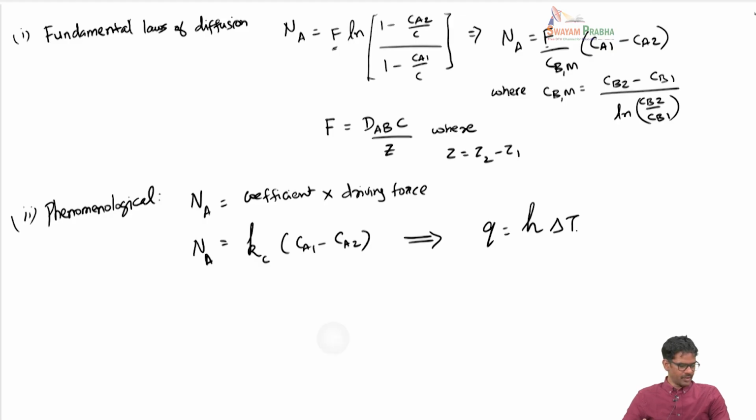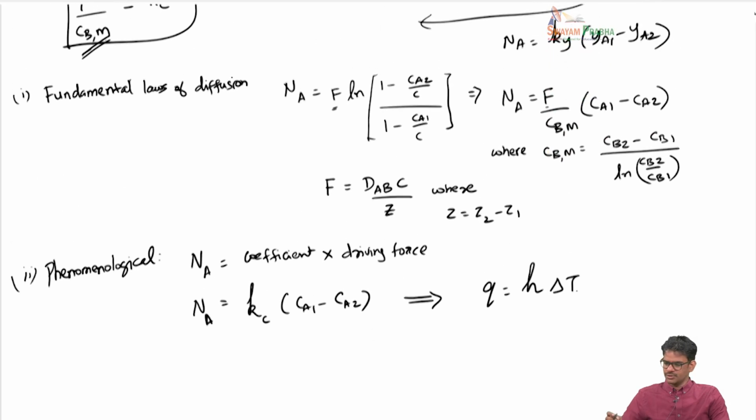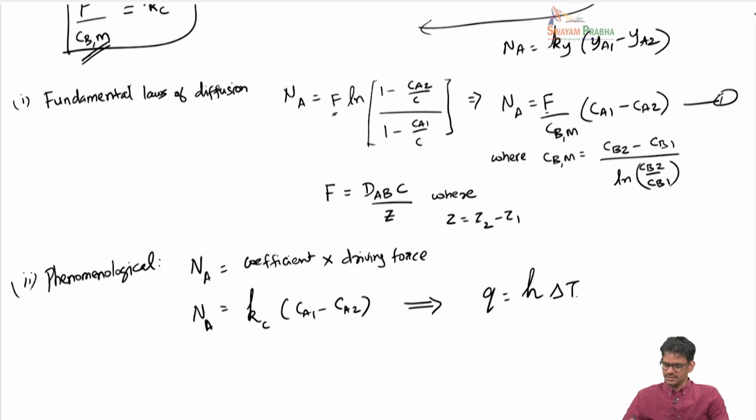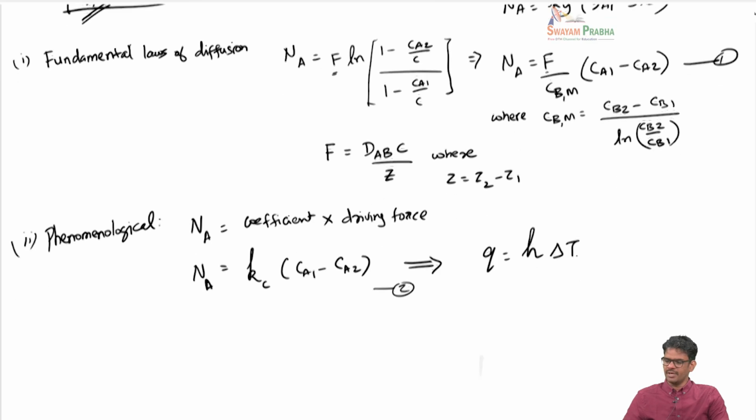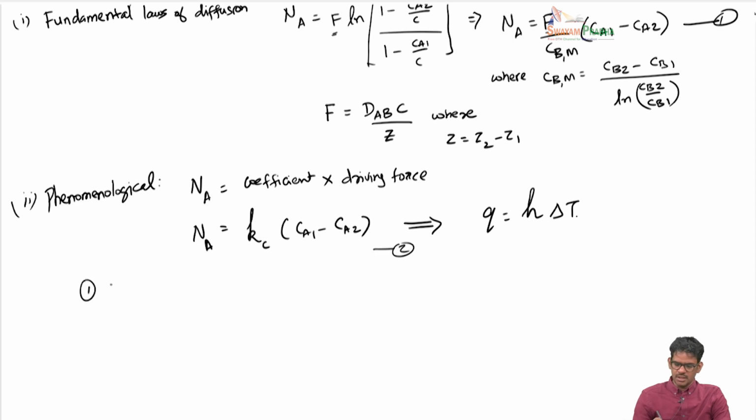So if you take this as equation 1 and this as equation 2, by comparing equation 1 and 2, we can also relate the mass transfer coefficients used in these two approaches. Let's say equating equation 1 with 2, so we have Na is equal to F by CBm.